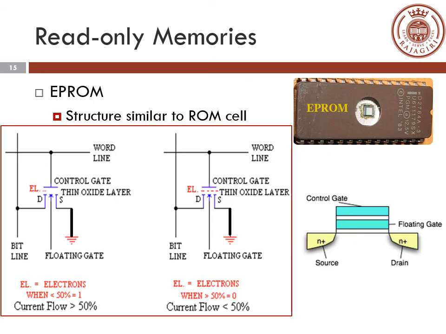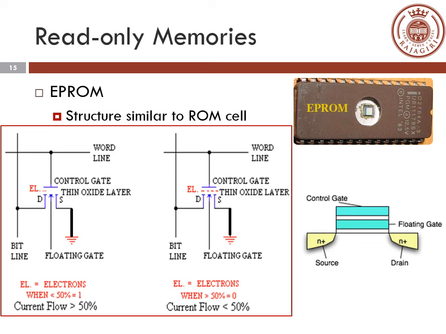Now coming to the EPROM structure, the erasable PROM structure. The structure is similar to the ROM cell, and over here you can see that you have the transistor, with the source, drain, and the gate, the MOS structure.